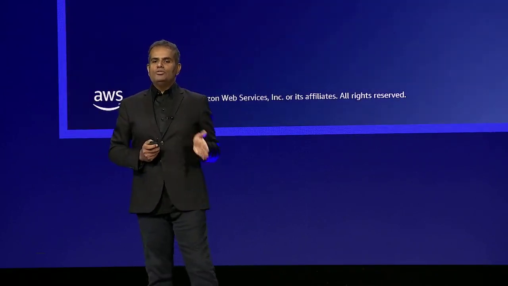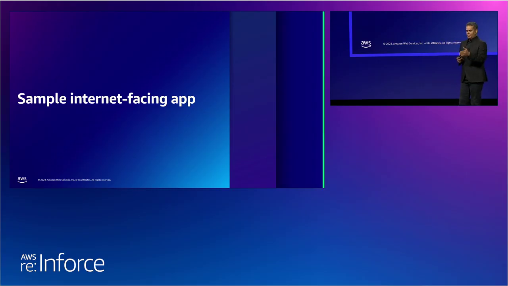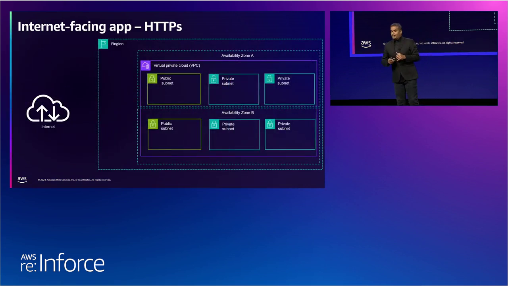So what I'm going to do now is describe that attack surface by defining for you the sample internet-facing app. Now, this is pretty self-explanatory. On the left, you have the internet. On the right, you have the AWS Region, within which you have the Availability Zones, A and B. We've got the VPCs deployed inside the Availability Zones, and within the VPCs, we've got the public subnets as well as the private subnets.